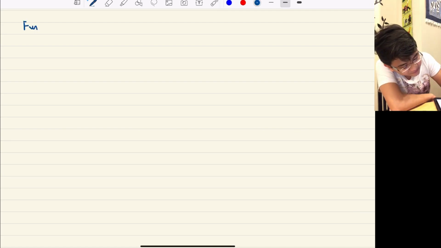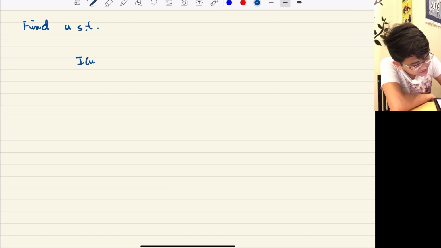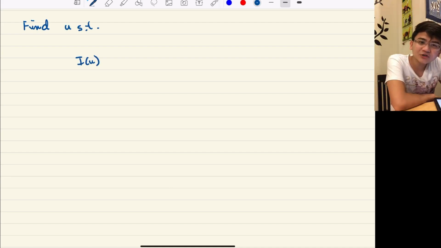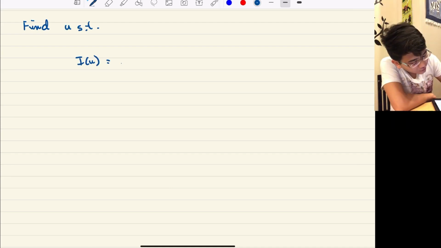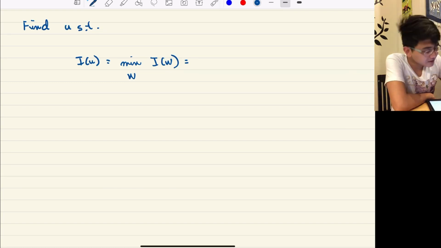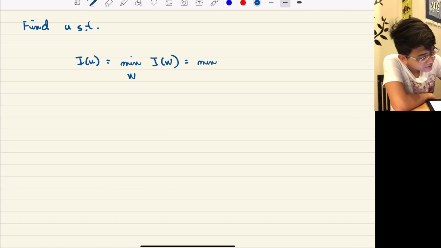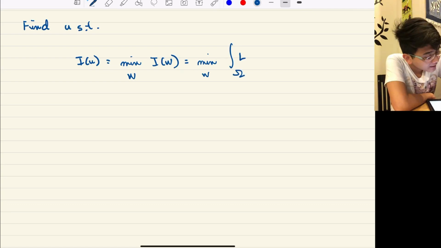You're finding u such that I of u, which is some energy functional of some sort, corresponds to the minimum value of I over all possible w. I of w is going to be something like the integral over some domain omega of L of grad w, w, x dx.